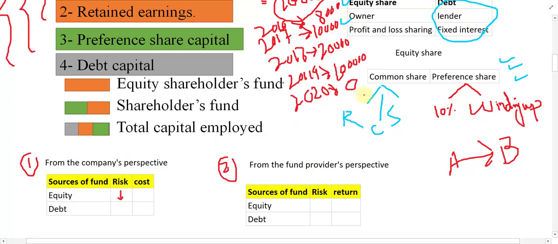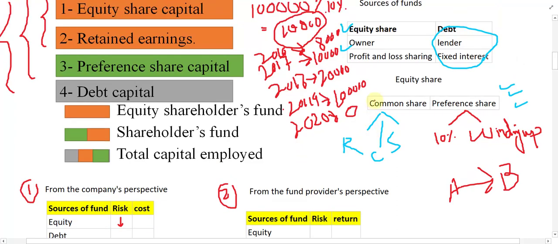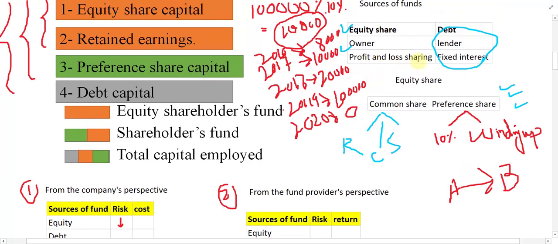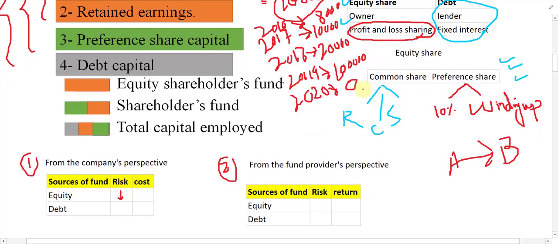Because, as I mentioned here, there is profit and loss sharing. If the business made profit, they will receive something. If the business did not make any profit, they will not receive anything from the business. That is why the risk for this source of fund is less, because they will not receive anything if there is nothing in the business.